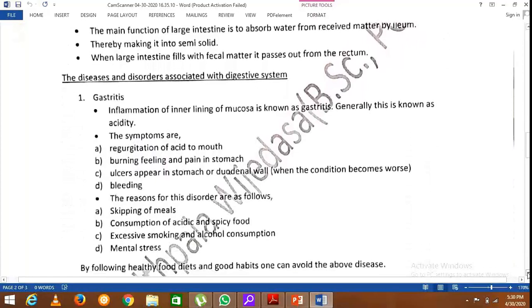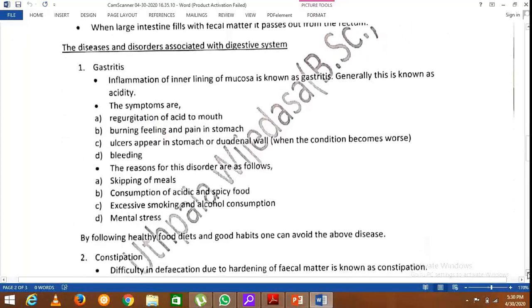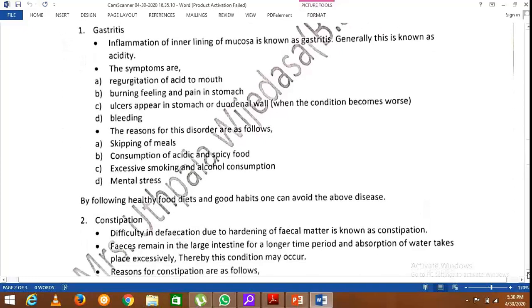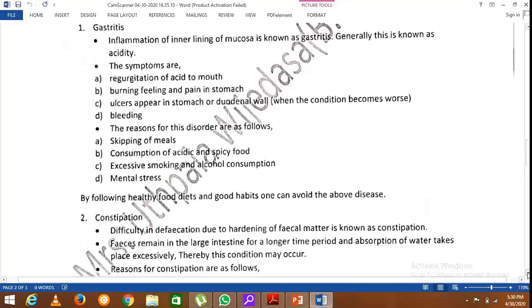So first disease condition. There are so many diseases, but here you are supposed to learn about a few. First thing is gastritis. It is an inflammation of the inner lining of the stomach, which is known as mucosa.